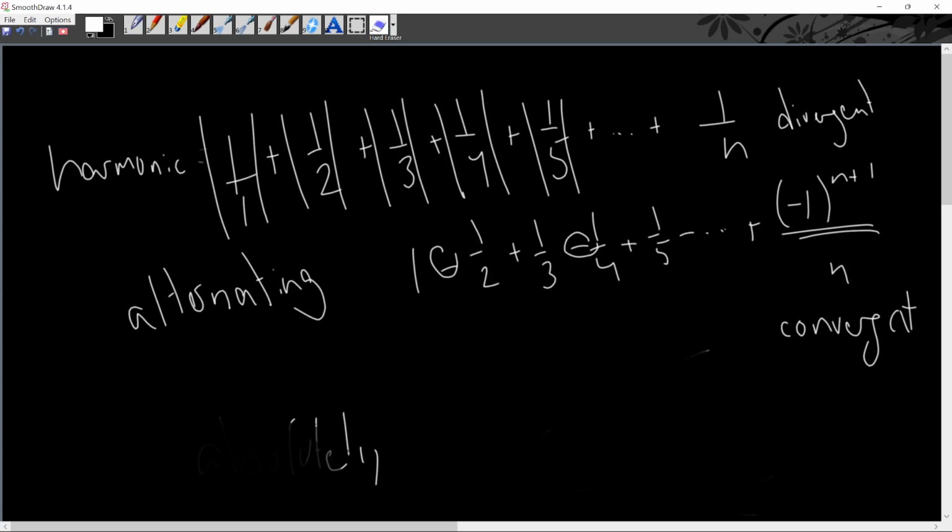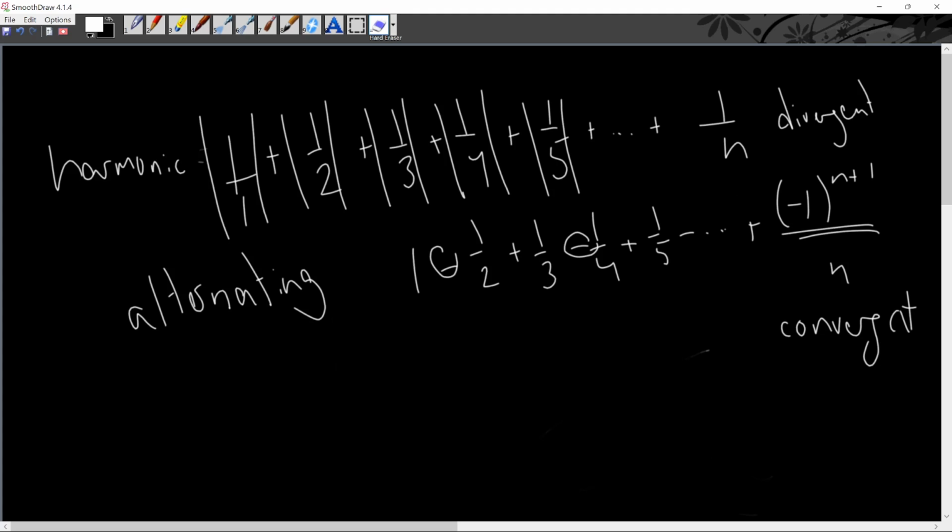And any series that is not absolutely convergent is either conditionally convergent, in which it converges but the sum of the absolute value of every term does not converge, or it just diverges. So you can only have conditionally convergent, absolutely convergent, or divergent.